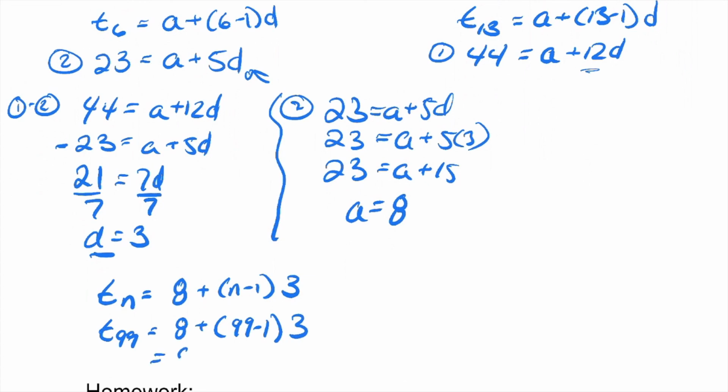That's going to be 8 plus 98 times 3, and 98 times 3 is 294. So T of 99 is going to be 302.